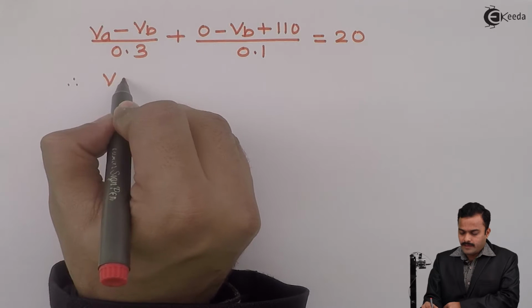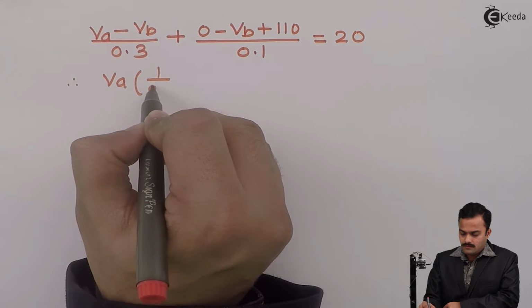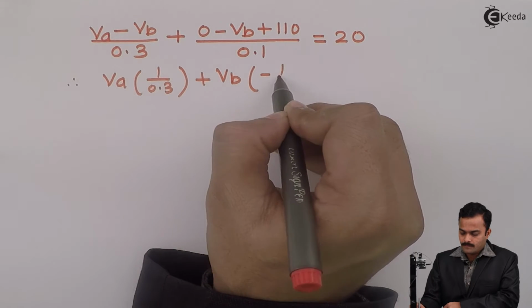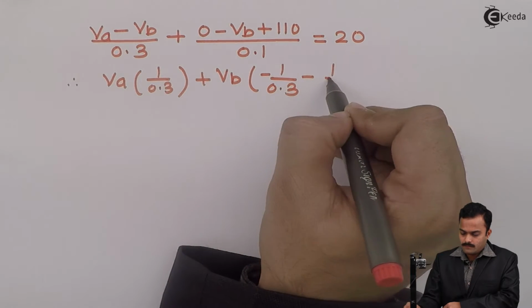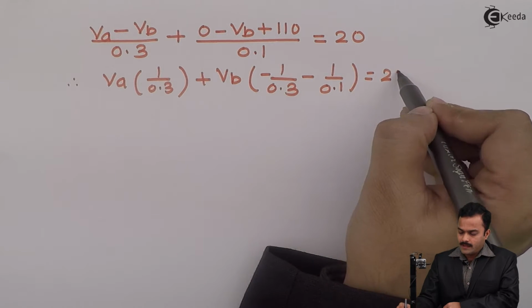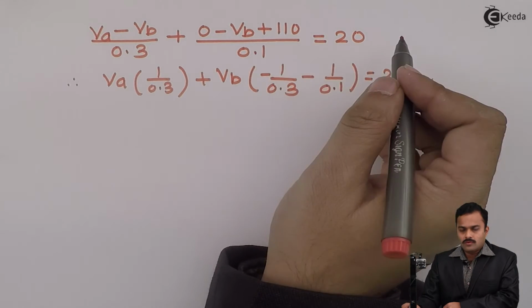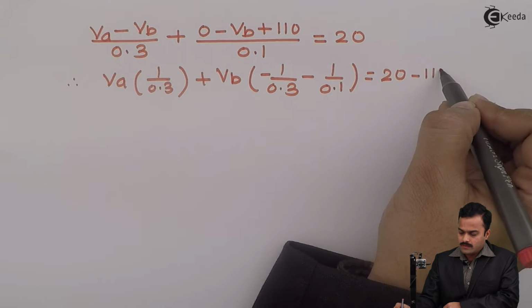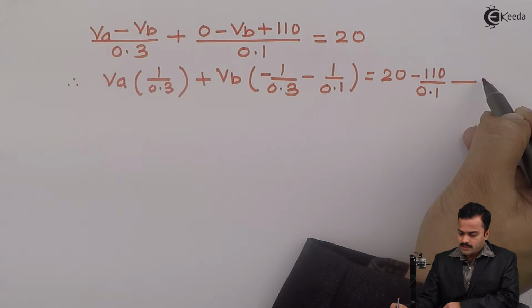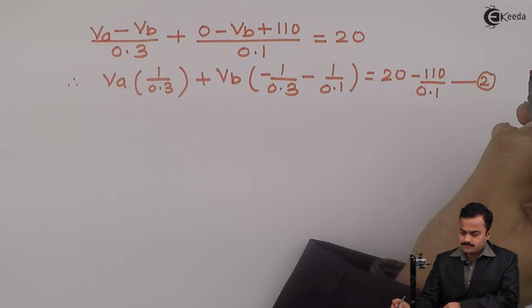So I can club VA terms together, all VB terms together, and then constant. So 20 I will keep as it is. This will go other side. So 110 divided by 0.1. This will be equation number 2.